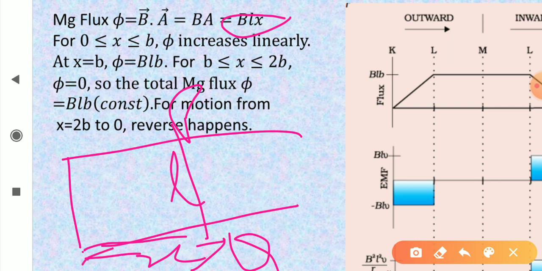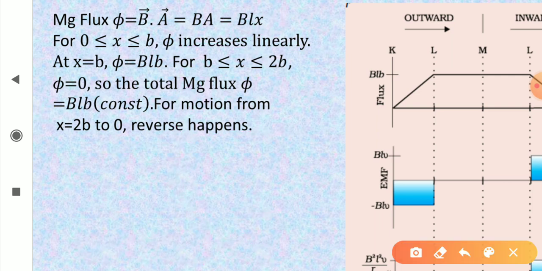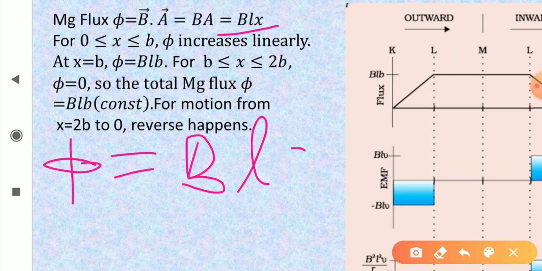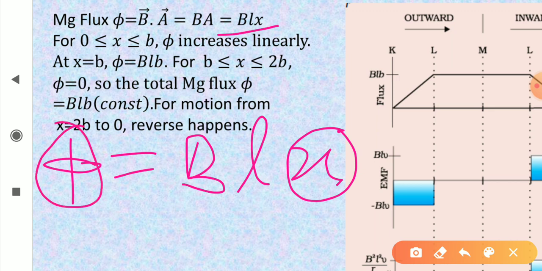So the area is L into x, and for x between 0 and b, that is 0 less than or equal to x less than or equal to b, this phi increases linearly. You can see that here, phi is equal to B L x. So when x is increasing at constant rate, velocity v, then phi will also increase at constant rate.